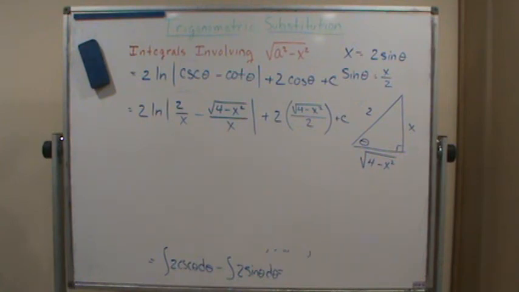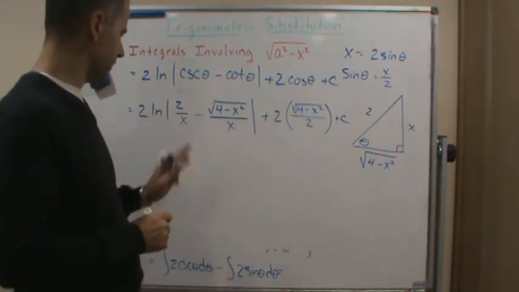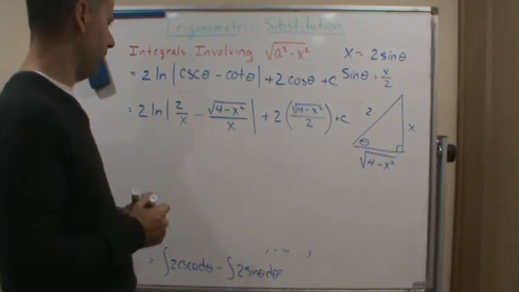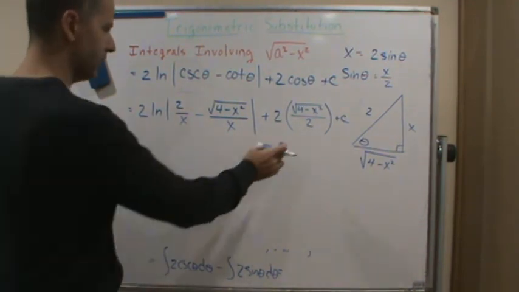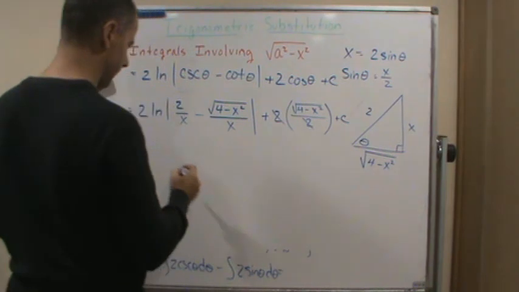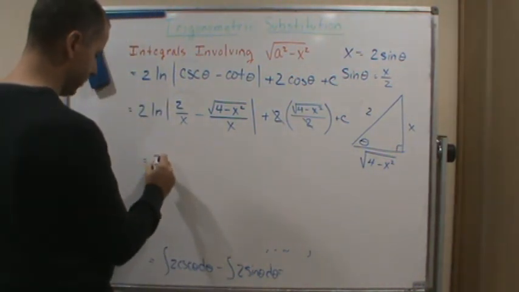I wouldn't simplify the first one. I wouldn't combine it and have 2 minus the radical on the numerator. You can if you want, but there's no need to. So we can leave this one as 2 fractions. But this one, obviously, we can cancel this. So then our final answer could be this.